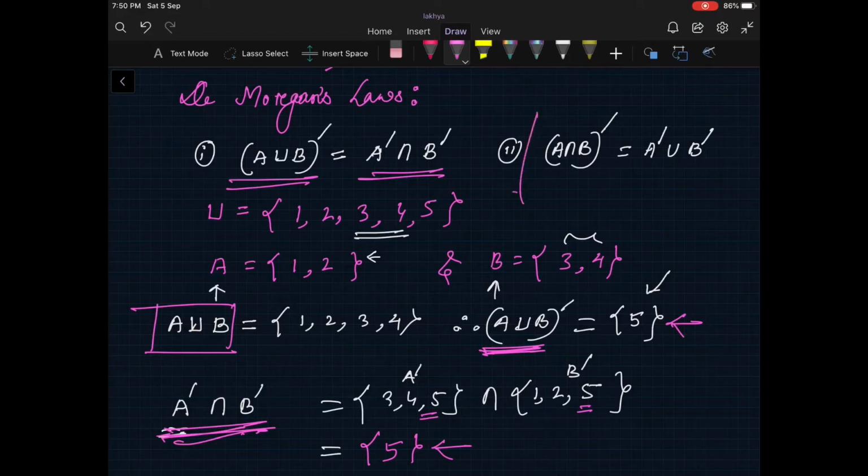So similarly, complement of A union B is also equal to union of A complement and B complement.